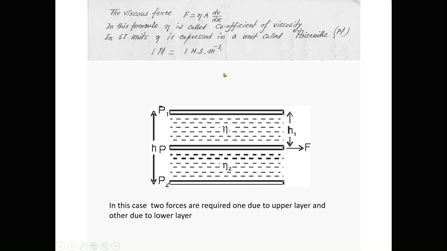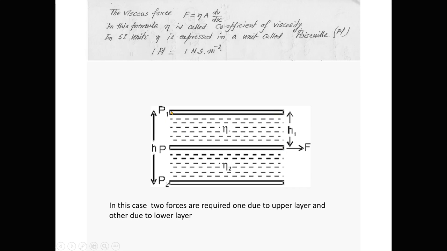Now, there is an interesting question. Suppose this is the pipe, with boundary lines P1 and P2, and the liquid surface area is P. This is a typical problem, a bit difficult. In this case, two forces are required, one due to the upper layer and the other due to the lower layer. This is the liquid layer considered at the middle point of the pipe.